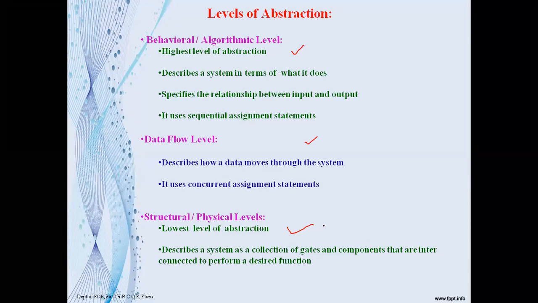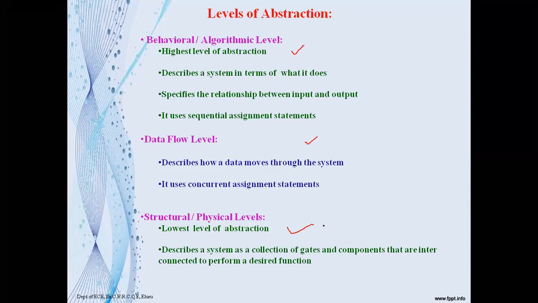So the structural level is the lowest level, and at this level, the system behavior is described in terms of the interconnection of the gates and the components. How the system devices are interconnected and how the data is moving from the input to the output. Because of those interconnections, we can know how the data can travel in that system.